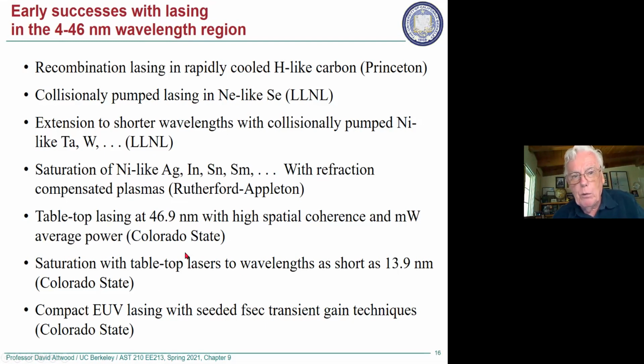Beyond that came other wavelengths made a different way, at wavelengths as short as 13.9 nanometers, and we're going to look at a bunch of them, okay? Almost all of these had very low degrees of coherence, and that was quite surprising for them.